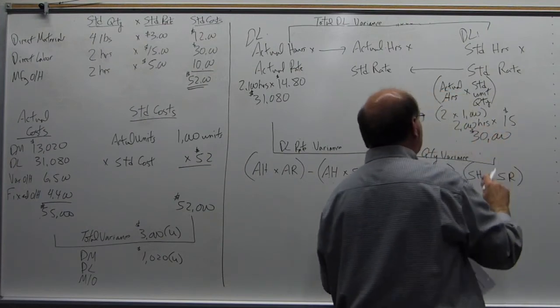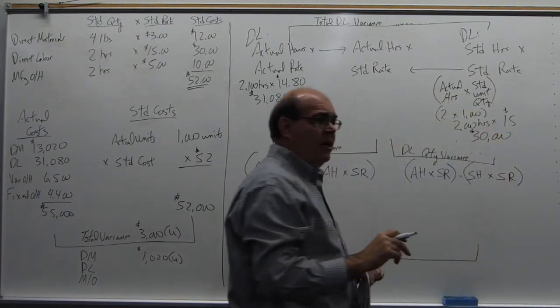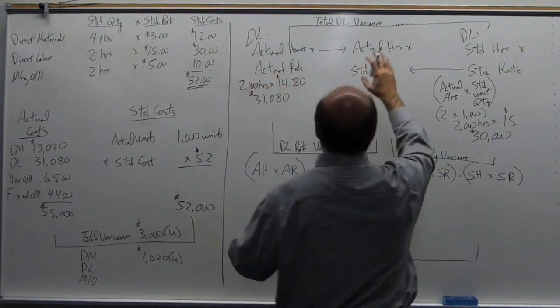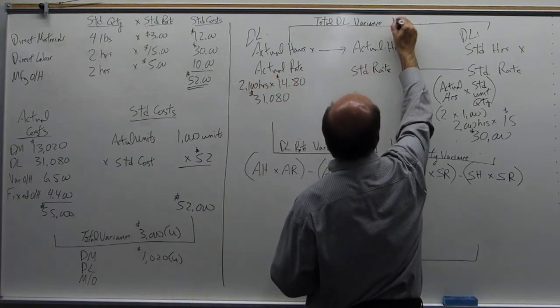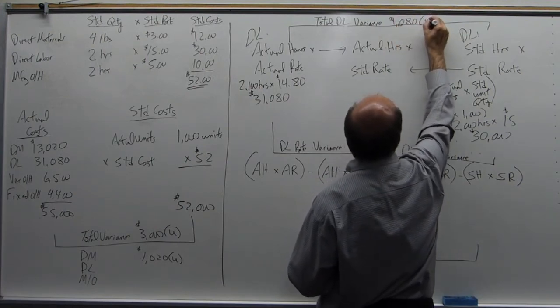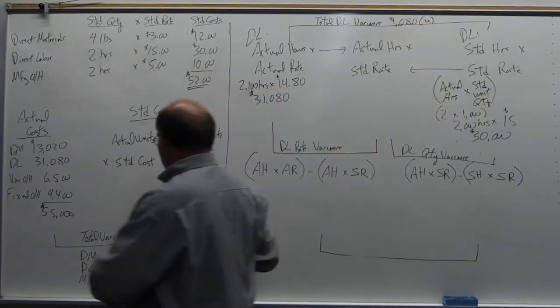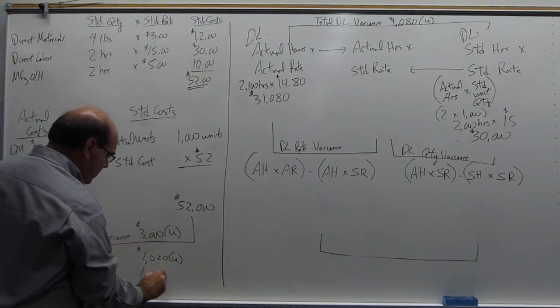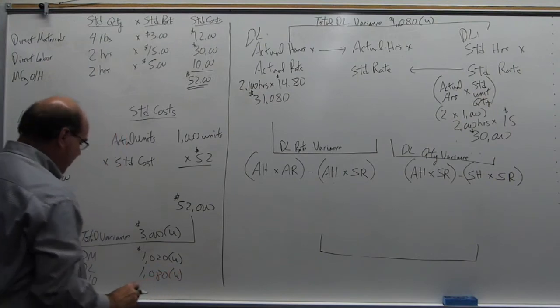We paid $31,080. Are we favorable or unfavorable? We're unfavorable. Our total labor variance is $1,080 unfavorable. So now we know over here, this $3,000 variance, 1,080 of it is unfavorable because of labor.